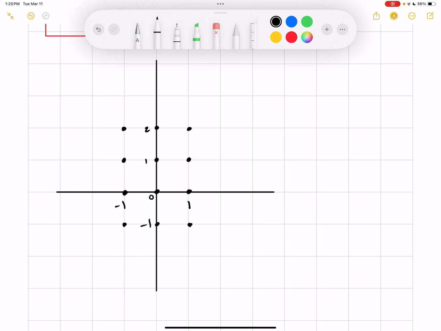The slope at odd multiples of pi over 2 will be 0, because the cosine of pi over 2 is 0. So at the pi over 2's, we have 0 slope, and the slope's going straight across.